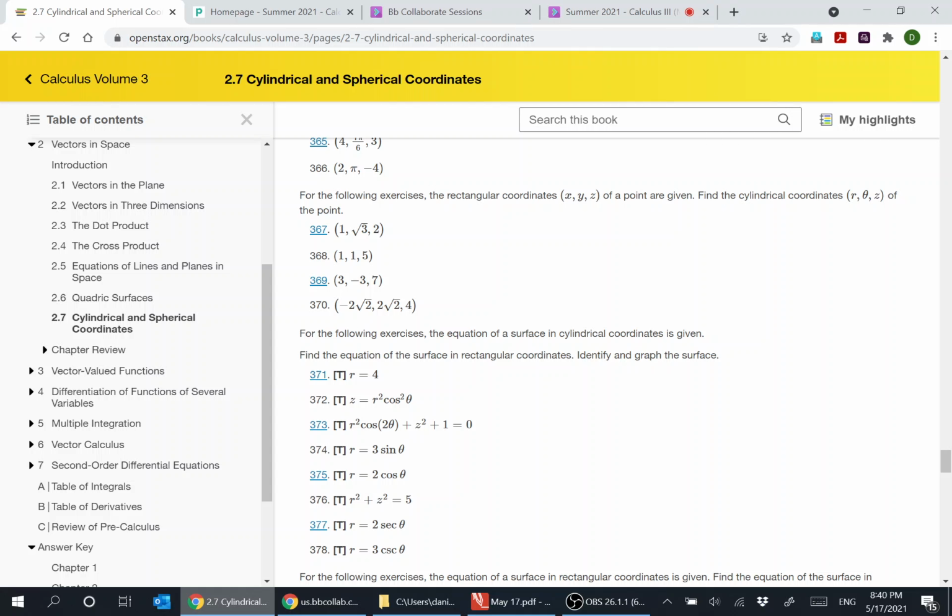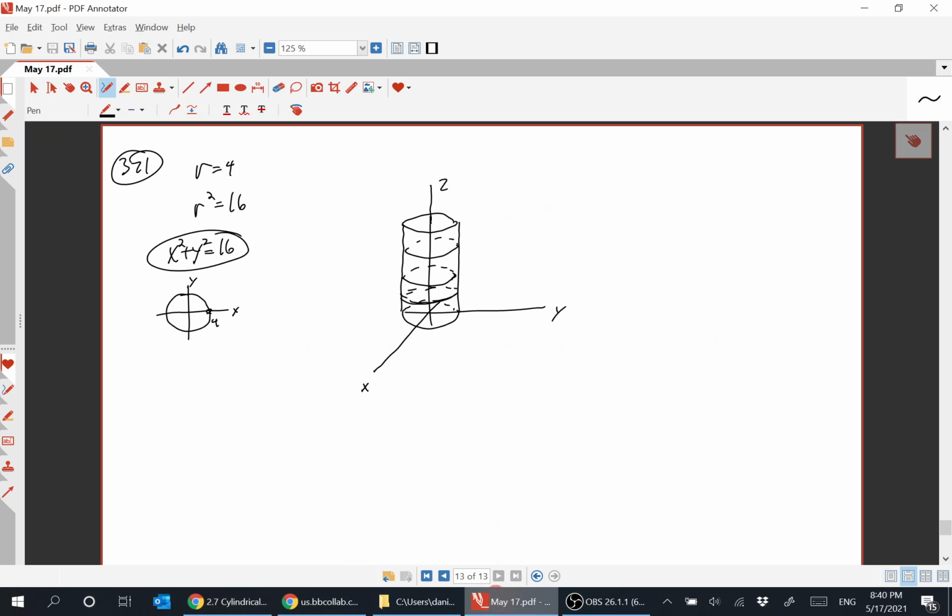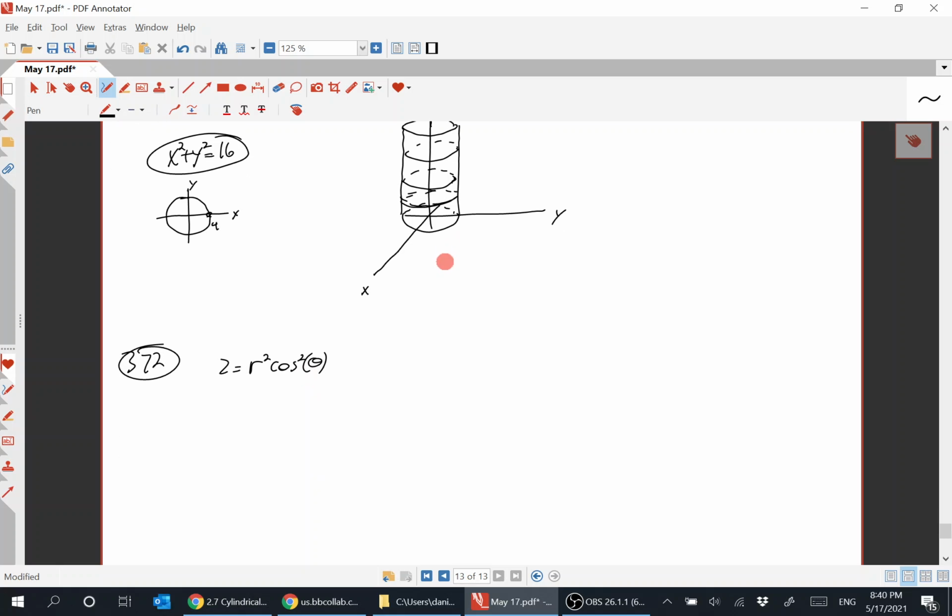So this 371, 372, z equals r squared cosine squared theta. Right, so this is just z equals r cosine of theta, squared, right?